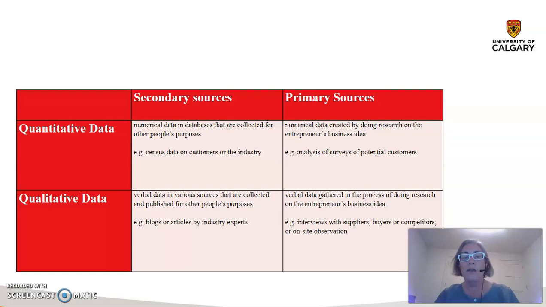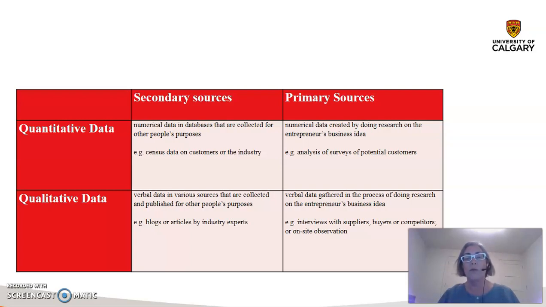So we're including both the kind of data that you would get out of a survey where you would be able to count how many people and what preferences people have for one thing or another. And then qualitative data, which could be stories, it could be descriptions, it could be discussions, and that would fall under qualitative data.